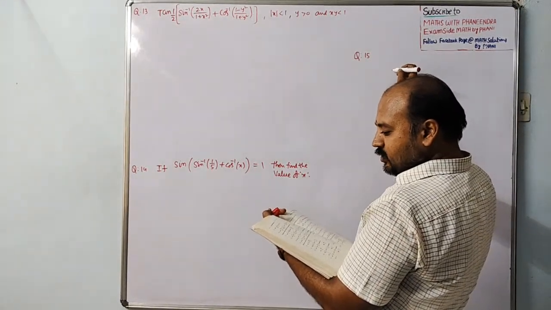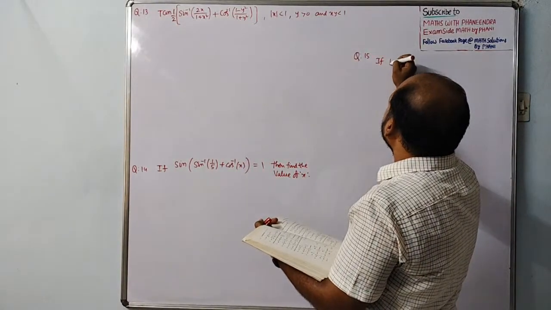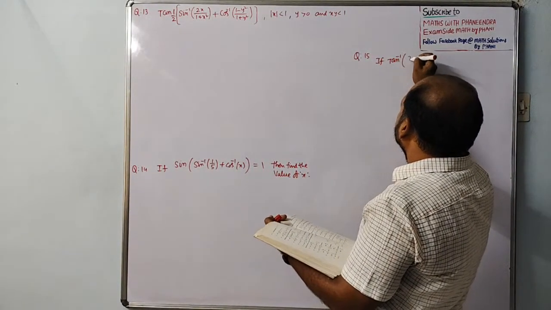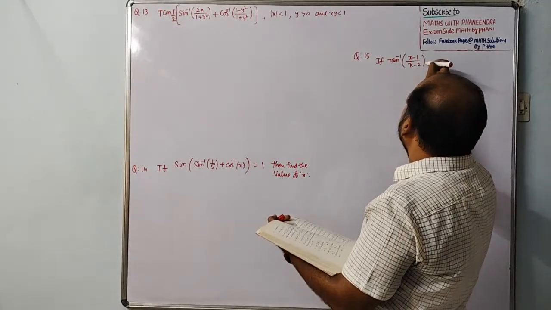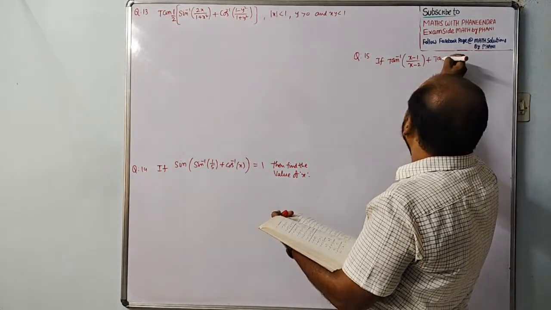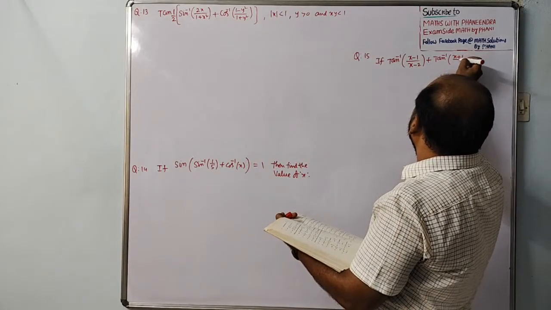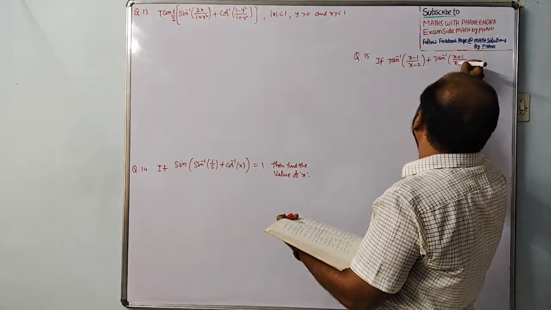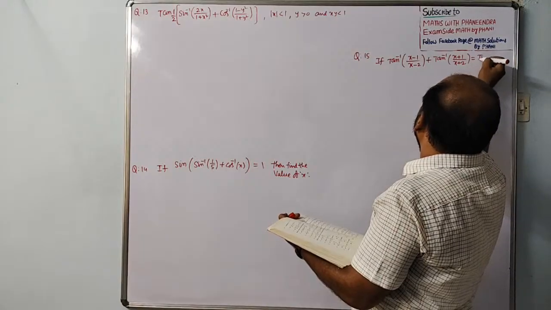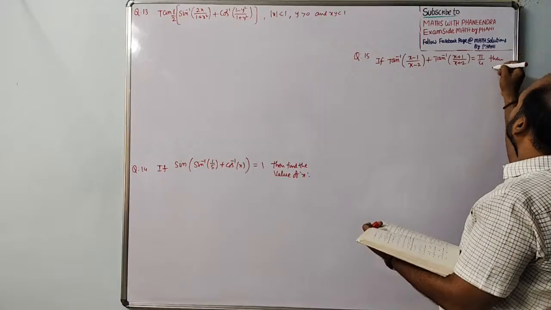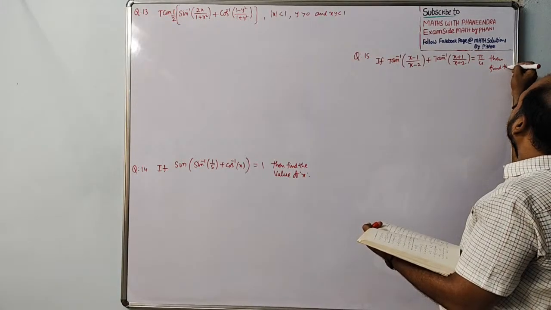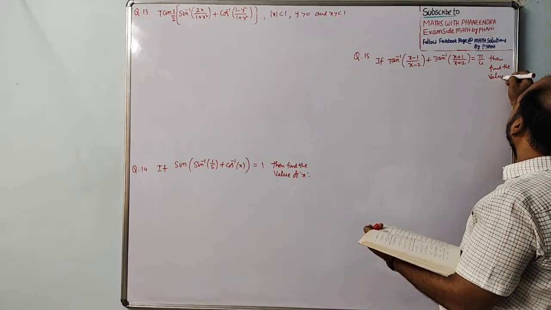If tan inverse of x minus 1 by x minus 2 plus tan inverse of x plus 1 divided by x plus 2 is equal to pi by 4, then find the value of x.